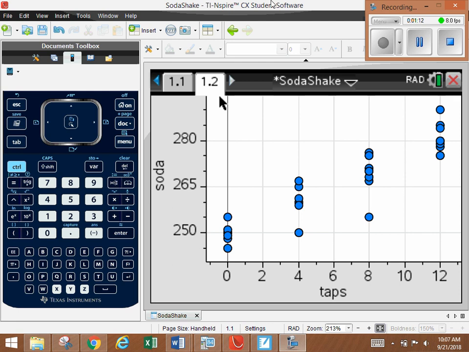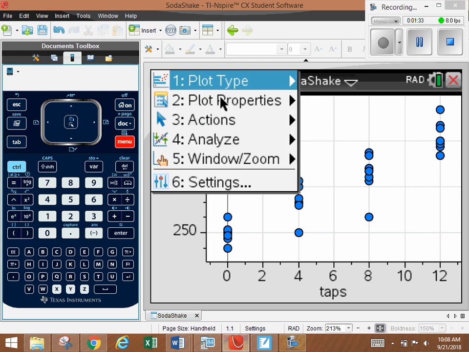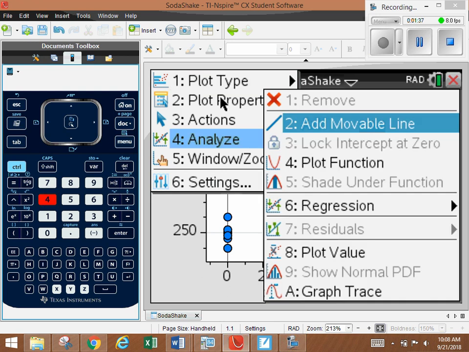We can get our least squares regression line 2 ways. We can do it with our calculator, using 2 variable statistics, and we'll actually be able to get a nice drawing of it. So we're going to hit menu, analyze, and go down to regression.